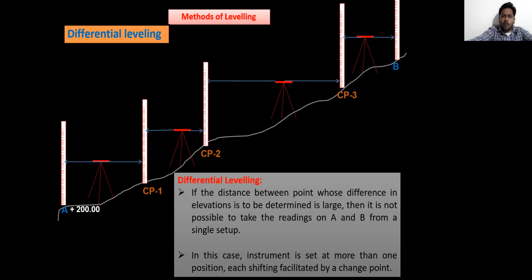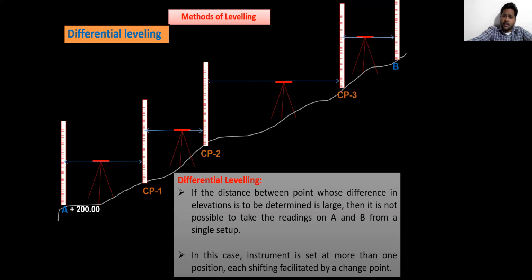Then it is not possible to take readings on A and B from a single setup, because there is a level difference in the ground. Without shifting the instrument, we can't take all the observations. So we need to shift the instrument if we want to take further readings. That type of survey is called differential leveling.